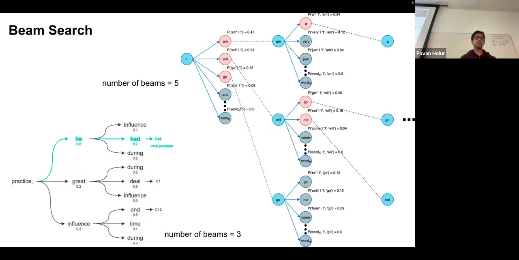Now, I did want to mention one more point, and that is how do we build creativity into these systems? Now, if I always enter a prompt and I say, okay, look, 10 times out of 10 with this prompt that ends with practice, he is going to have the highest likelihood.